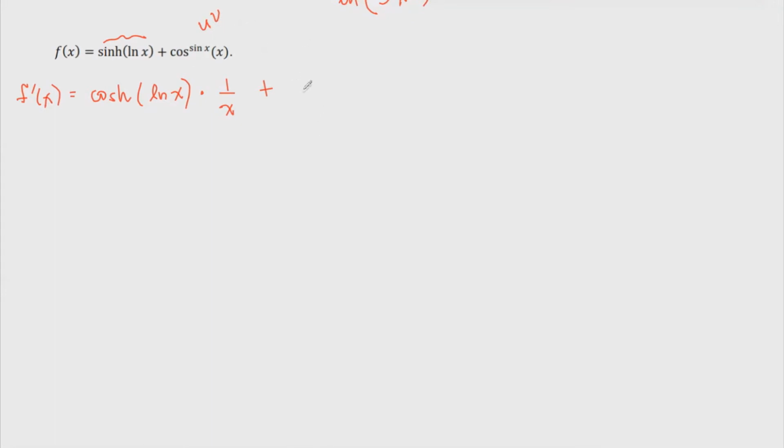So we have sine x times cosine of x, and then this is raised to sine x minus 1. That's not x minus 1, that's actually just minus 1 from the whole sine x.